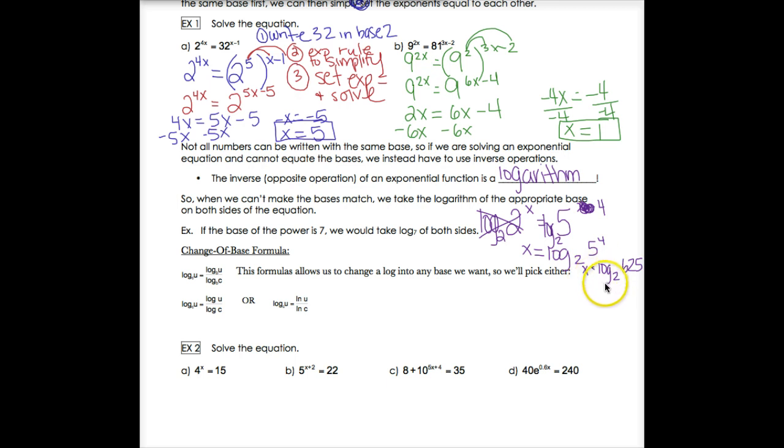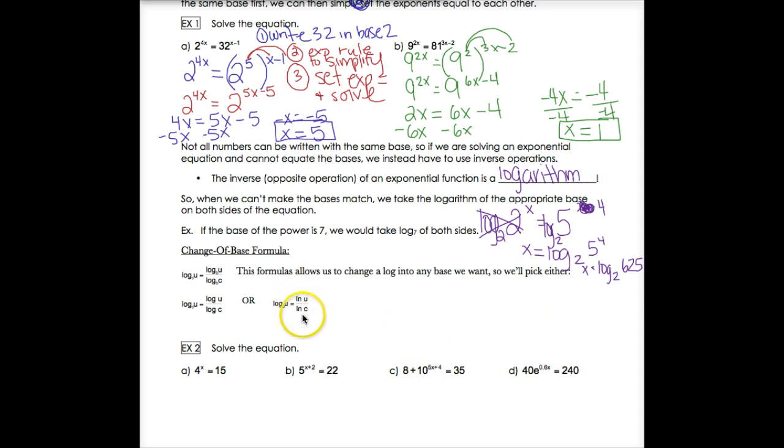And when you press the log button on your calculator, it does log base 10. So that is why I have inserted this change of base formula here, because this is going to allow us to change a log into any base that we want. So this works for natural logs too. You can change a regular log into a natural log and vice versa if you want.